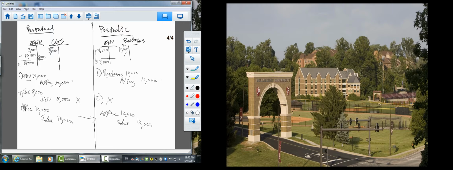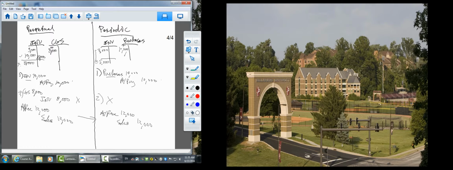Okay, so continuing on with periodic here, what do we need to do? We could debit inventory for 2,000, and we could credit income summary for 2,000. And then what are you going to do with the income summary later? Close it to retained earnings. Okay, so where is that 2,000 that's in income summary?